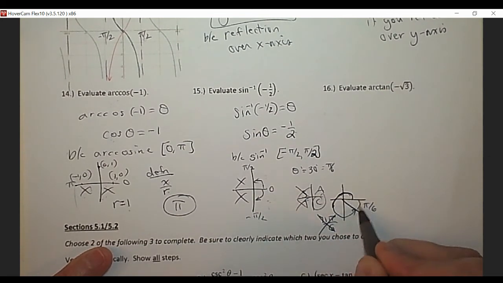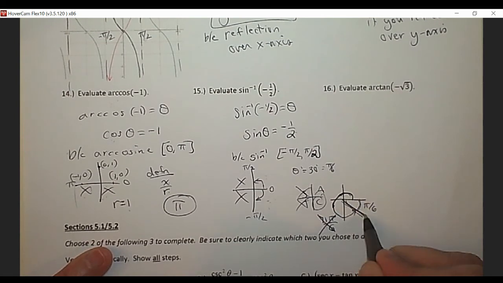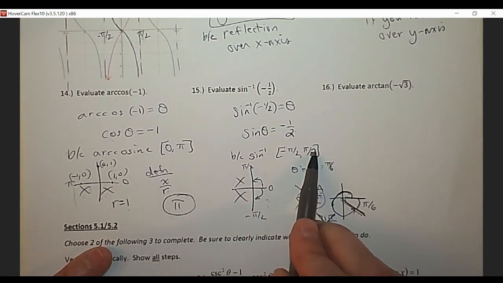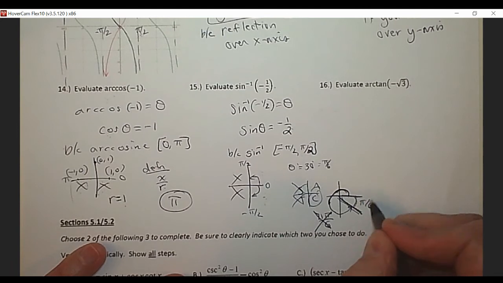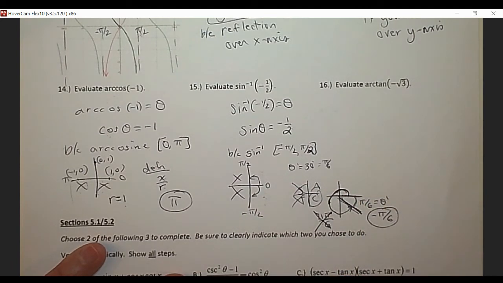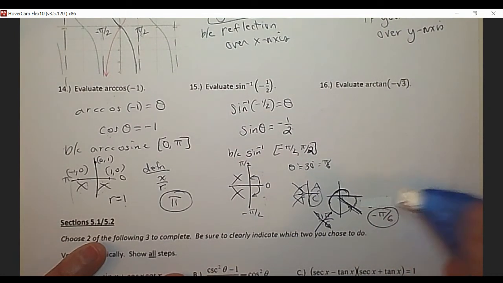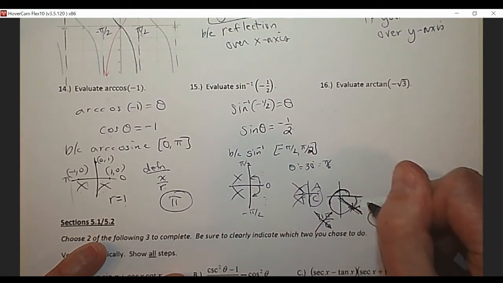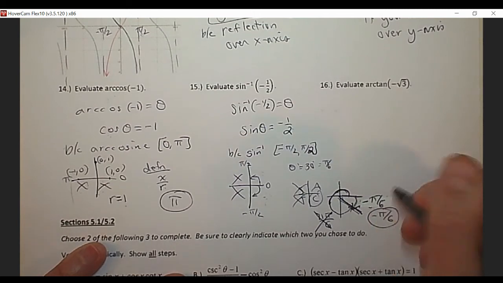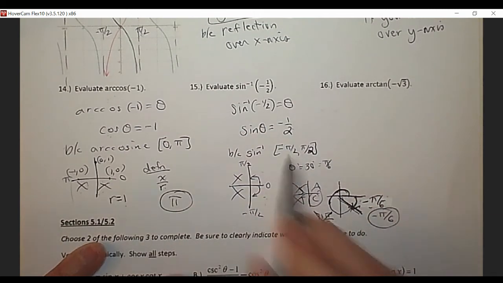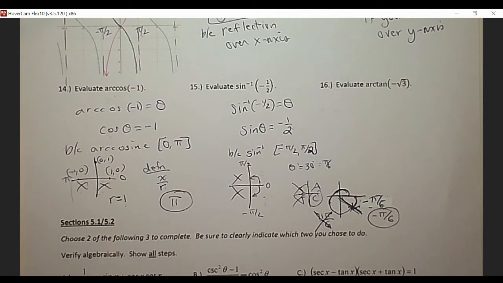So what we need is a different name for this angle. We need a coterminal angle that's within those restrictions. So what we do is we just take this reference angle and we just put a negative on it. Because if we now think of this as negative pi over 6 instead, well, it's coterminal to 11 pi over 6, and it still has the correct reference angle, and it's within the restrictions. So we just use negative pi over 6 as our angle instead.